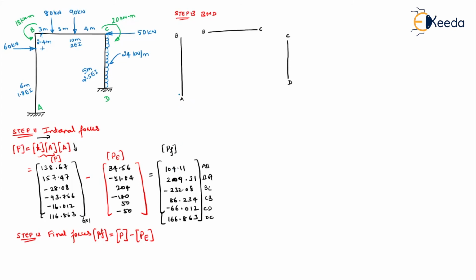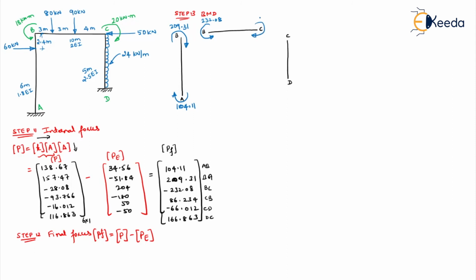This is clockwise positive. 104.11. Coming to the second one, also a clockwise moment here, which is 209.31. Coming to this point, so this is negative, so anti-clockwise. So anti-clockwise, how much is it? 232.08.